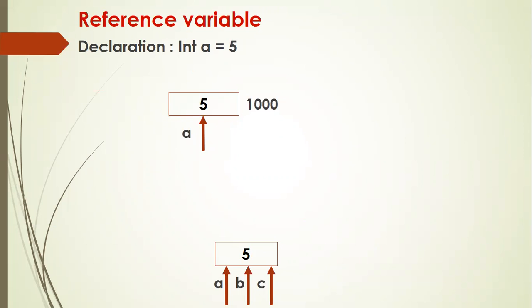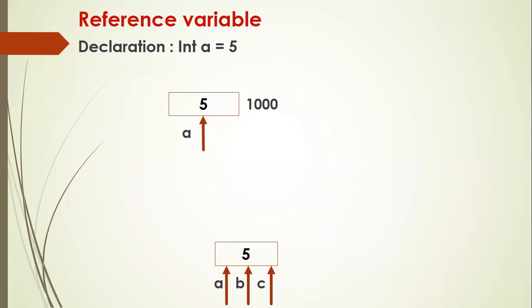But we know that every memory location should have a unique name. So once the memory location 1000 is identified with the name a, some other variable cannot have the same address. So every memory location has a unique address and also has a unique name.